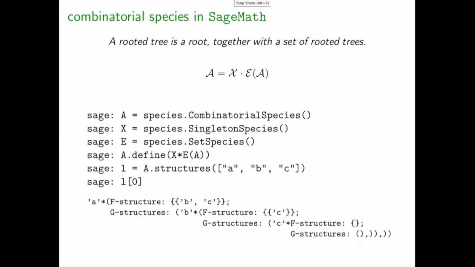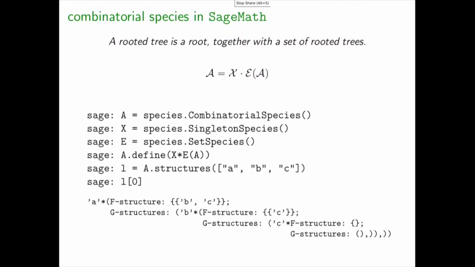And actually this works. So we say A is just any combinatorial species. We don't say which one. We say X is the singleton species, E is the set species, and then we define A as X times E of A. So the first line is just, so to say, to declare the placeholder.